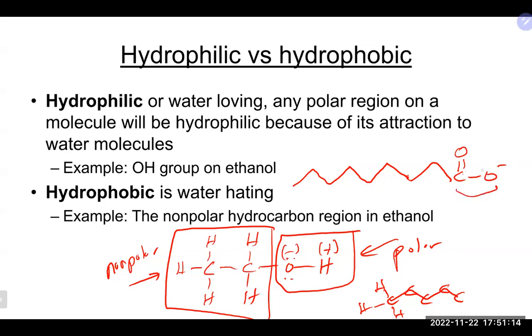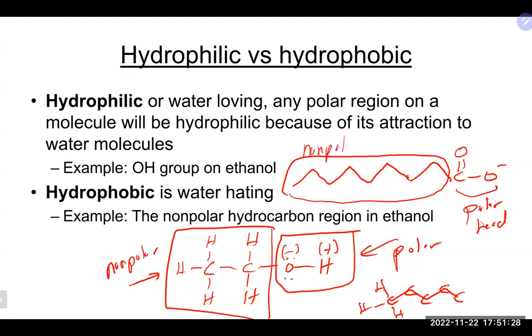And this group here, which is polar, is sometimes referred to as the polar head of soap. And this part, which is all carbons and hydrogens back here, which is nonpolar, is sometimes referred to as the nonpolar tail of soap. And really, this is what gives soap the ability to interact with both polar and nonpolar molecules, because it has both regions.